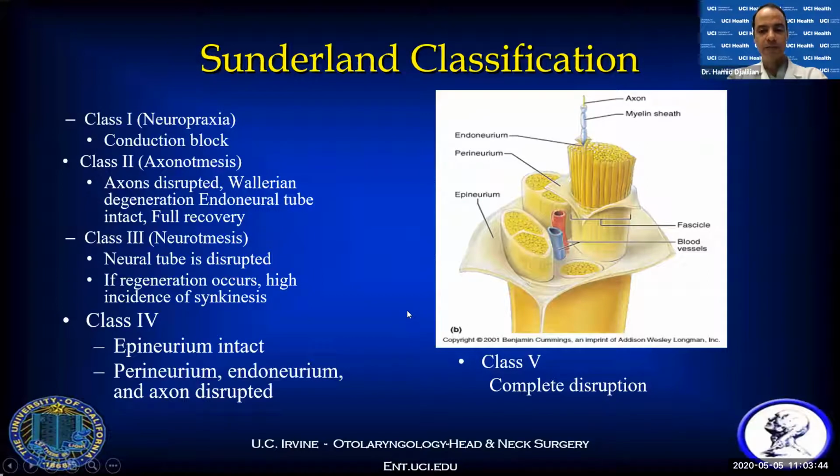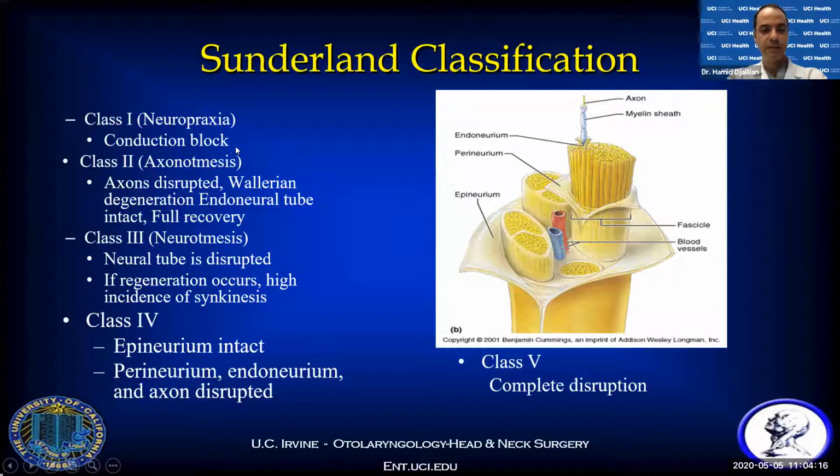The other classification that's sort of useful to know as part of figuring out what is going on when you see patients with facial paralysis is the Sunderland Classification that's related to nerve trauma. And as you know, basically neuropraxia is sort of the lowest level, which is essentially a conduction block, which is edema within the nerve, which doesn't allow the axonal transport to occur.